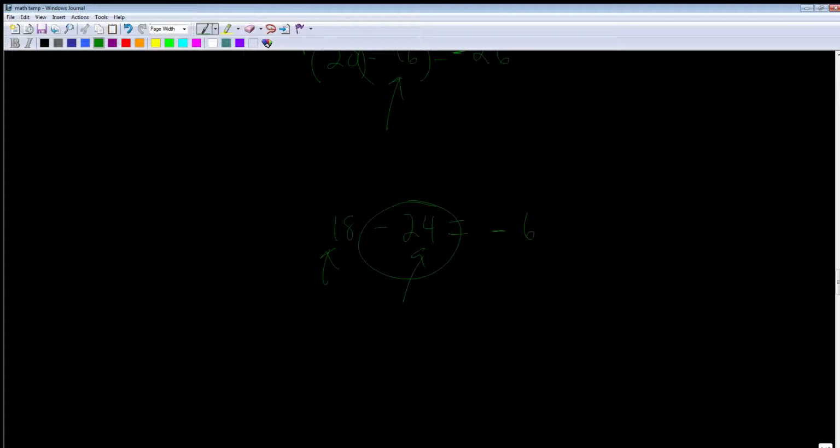Now, ideally, and just the basics of this, where it gets a little bit tricky is when we have multiple negative signs. So let's look at this.